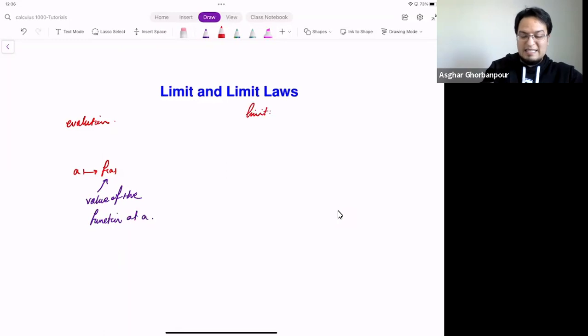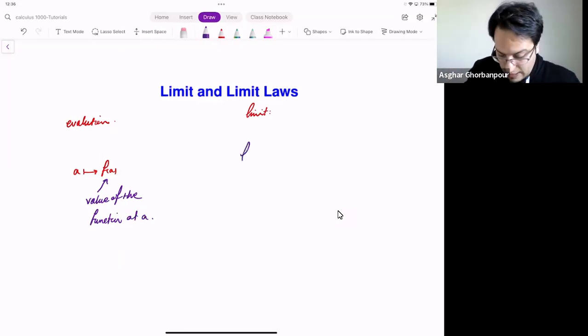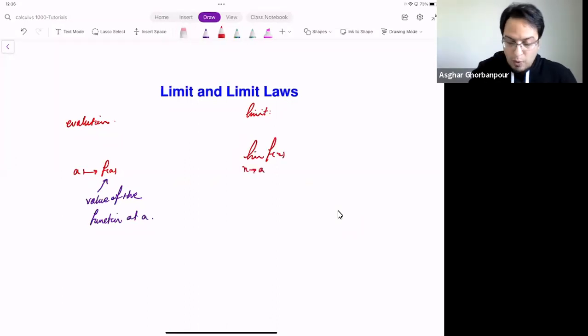Limit is studying the trend of the values of function when we get closer to a. So when you write limit of function as x approaches to a, what we really mean is not value of function at a.